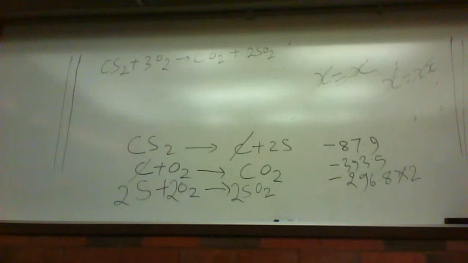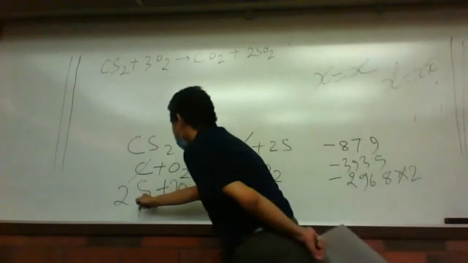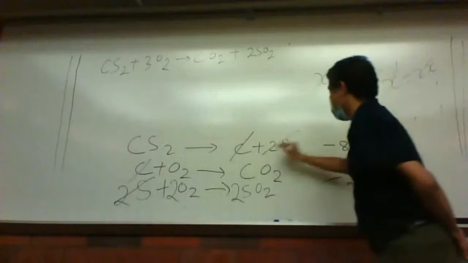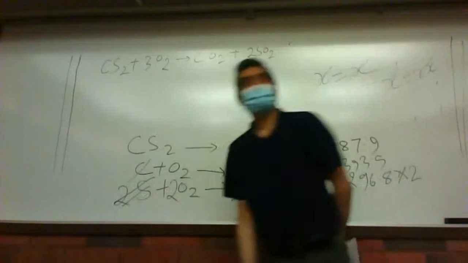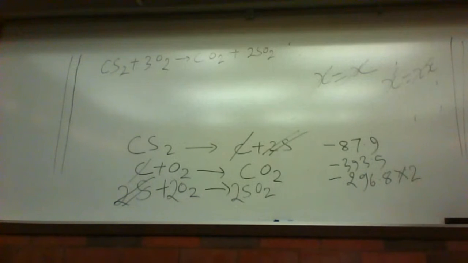So you see here what happened. This is 2S in the right side, this is 2S in the left side, so I'm going to cancel this one and this one now. Like this. Now I'm going to add all those three and I get that equation. So let's add those.